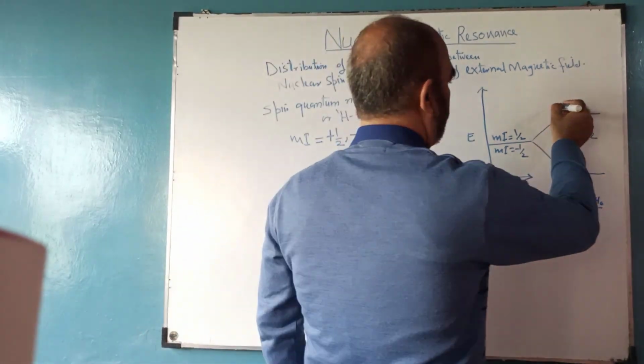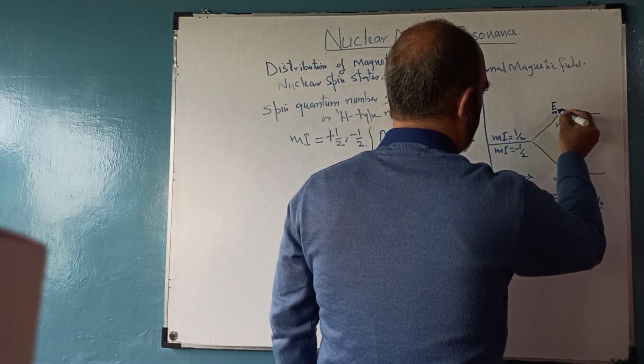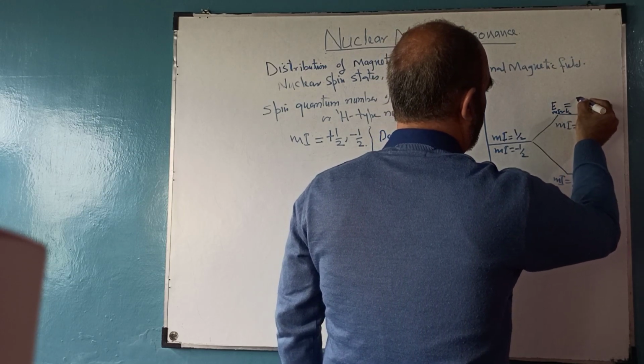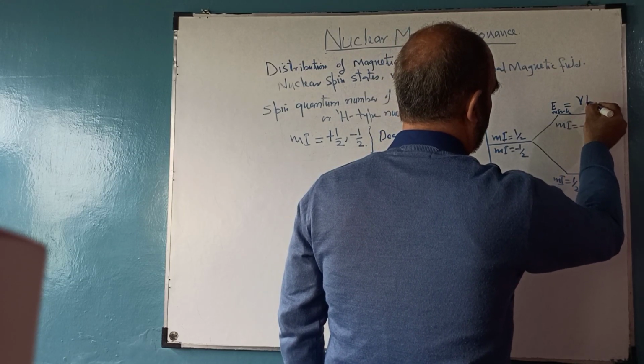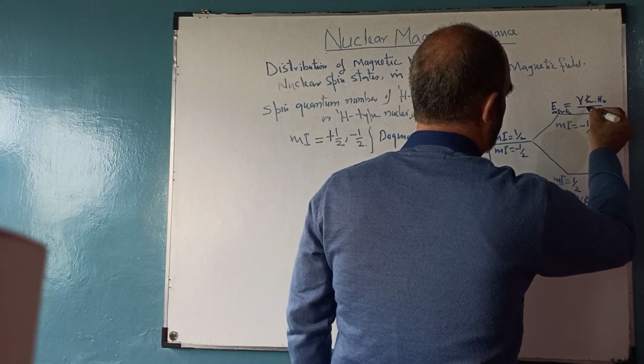And in the same way, the energy for this state, when Mi value is minus 1 by 2, will be equal to gamma h bar H naught divided by 2.